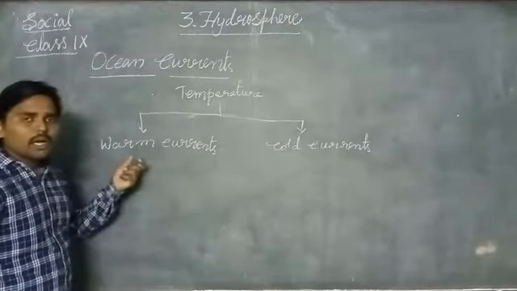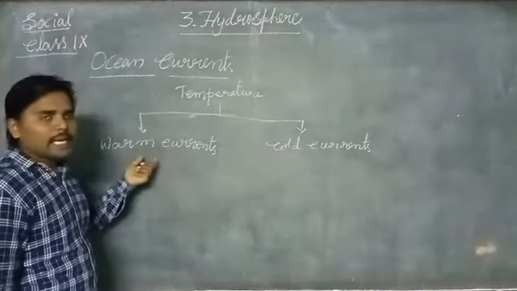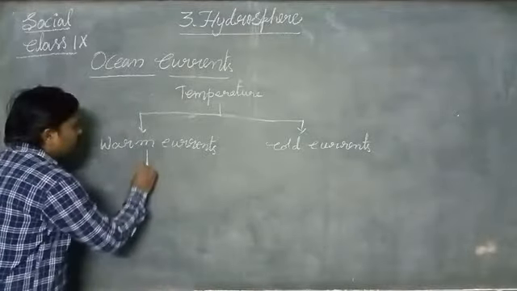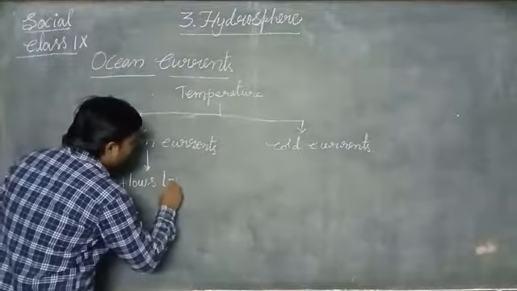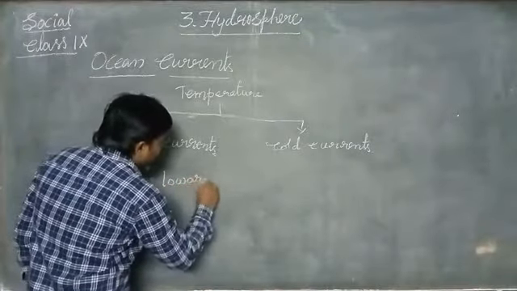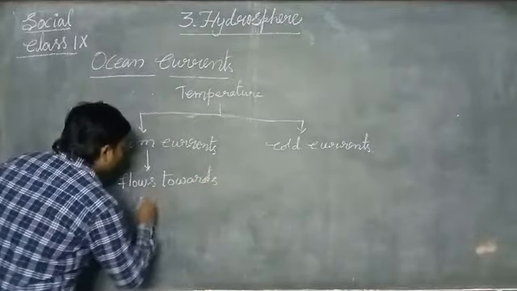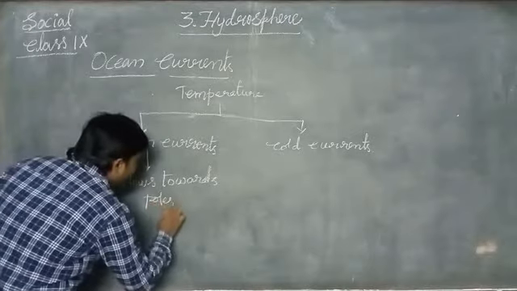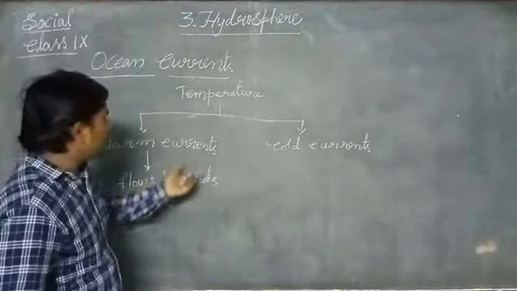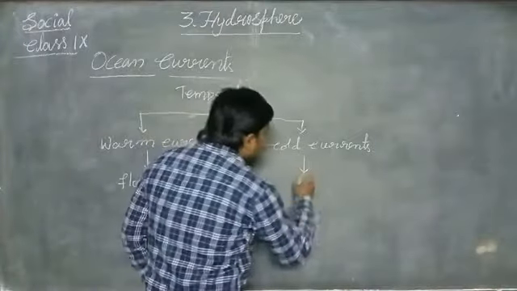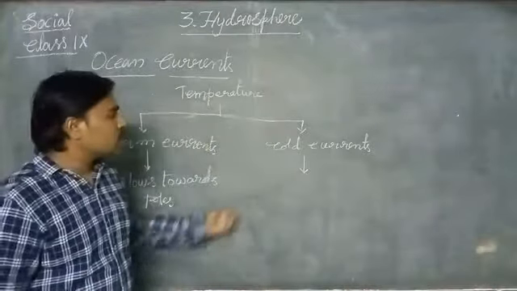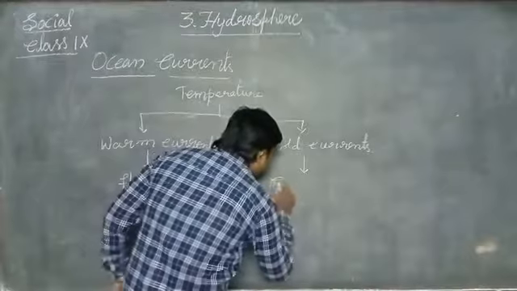The warm currents always flow from the equatorial region towards the poles. The warm currents always flow towards the poles, and the cold currents flow towards the equatorial region.